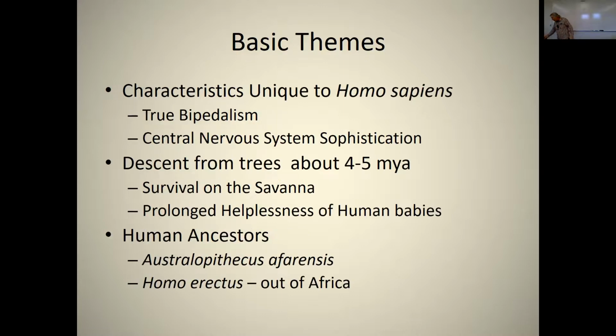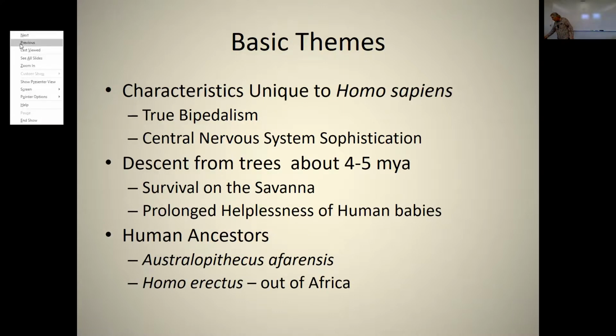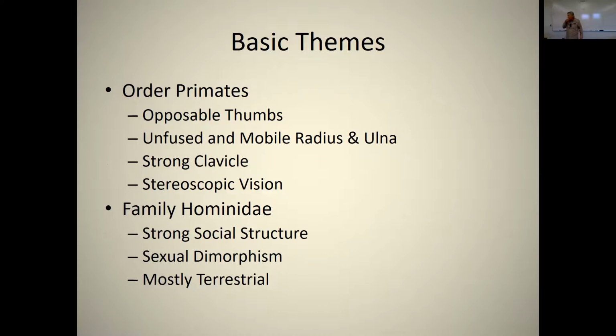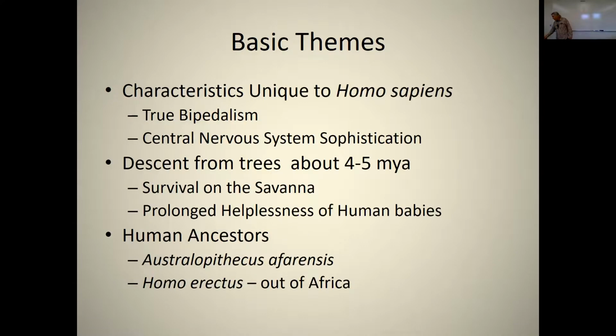And in that family are close relatives, the great apes, chimpanzees and orangutans, gibbons, and gorillas. That's our family. Then we get down from family to genus Homo. We are genus Homo.